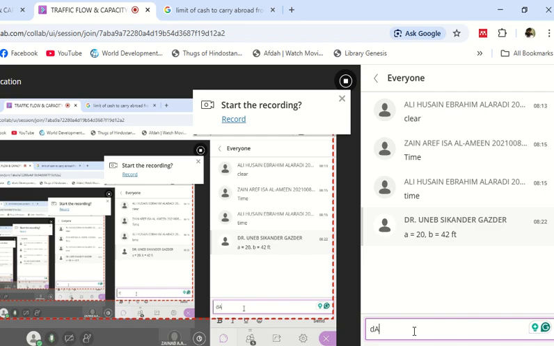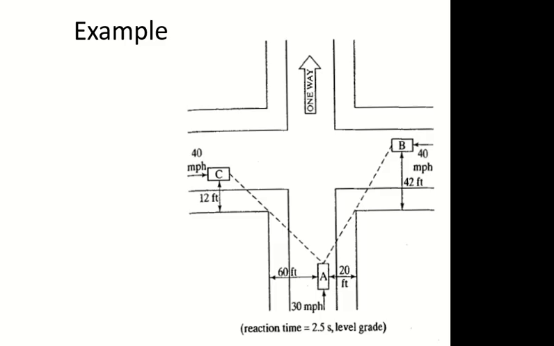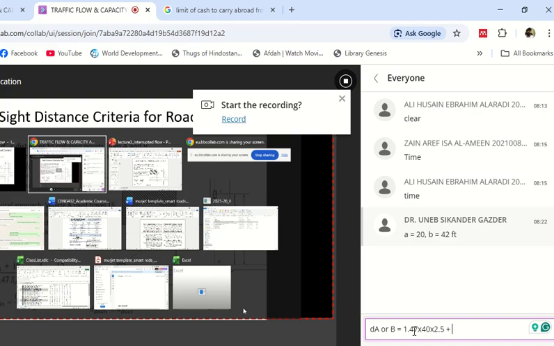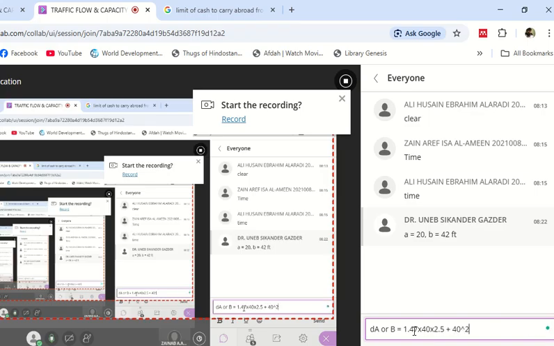Side distance for vehicle A or B, same, 1.47, 40.5, 40 square.